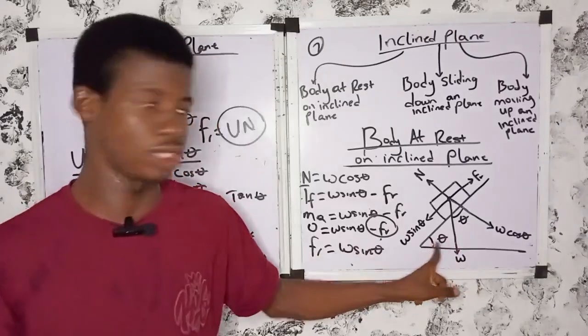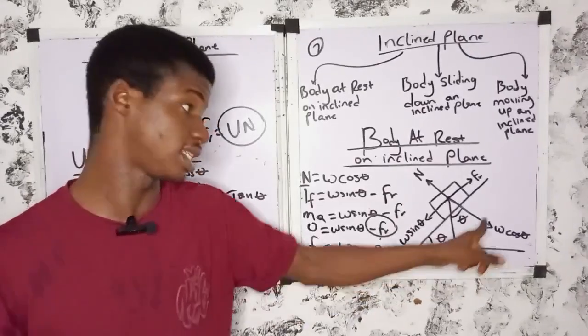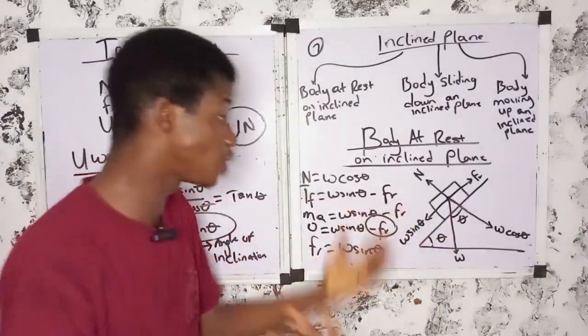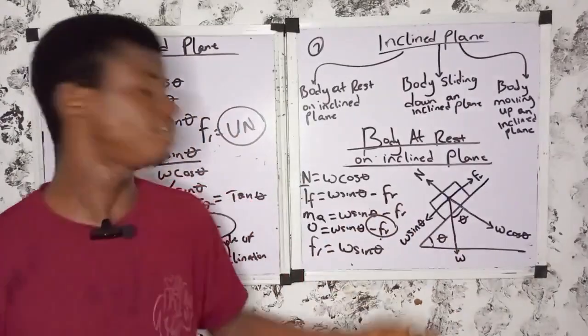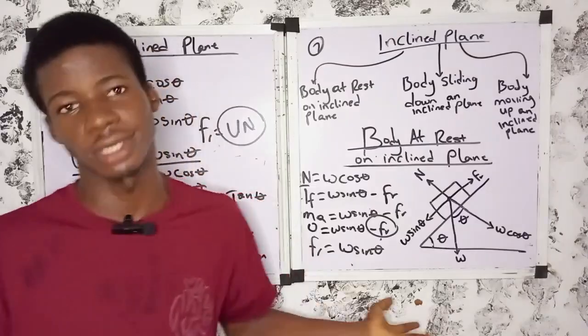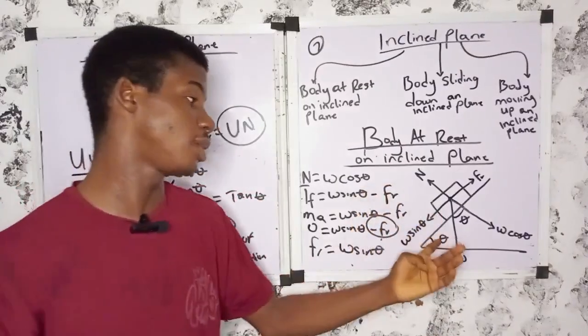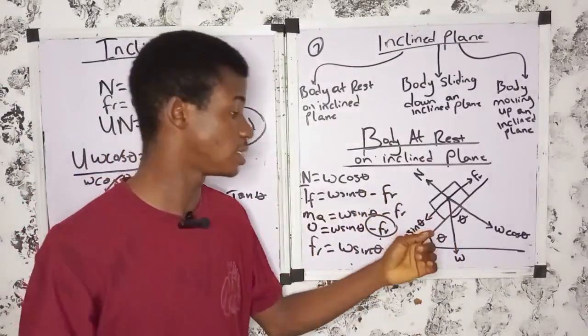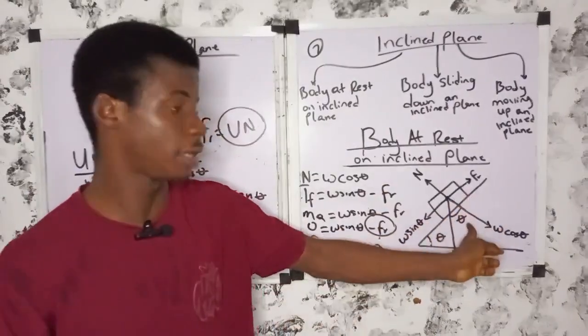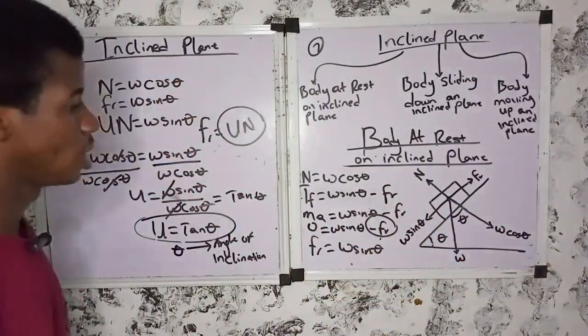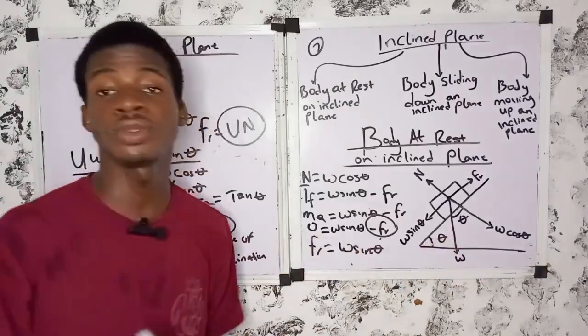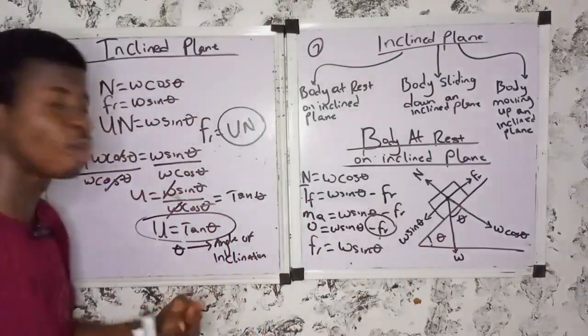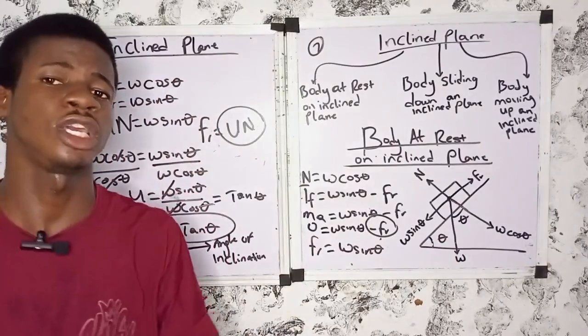If this angle is 30, this one will be 30. If this one is 60, this one will also be 60. If it's 90, this one will be 90. The angle here is the same as the angle here, and it is known as the angle of inclination.